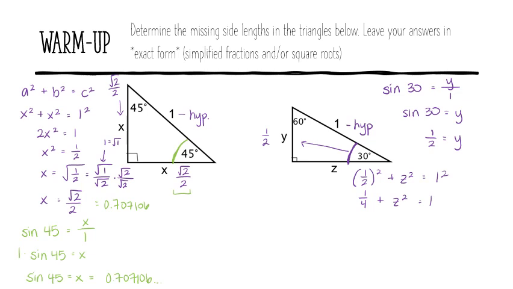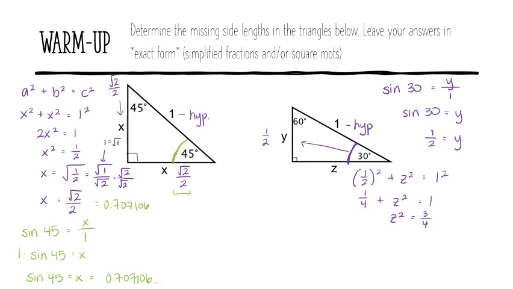Okay, so if we subtract 1/4 from both sides, we get z squared is equal to 1 minus 1/4, which is really 4 over 4 minus 1/4, so 3/4.